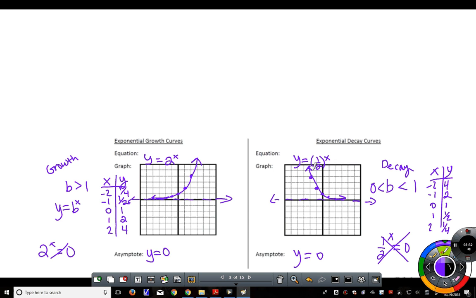What's the only transformation that will have this asymptote change? So if we reflect it, will it change the asymptote? If you flip over this, it will still be there. If we flip this way, it will still be there. So reflections are not going to change your asymptote. Okay?